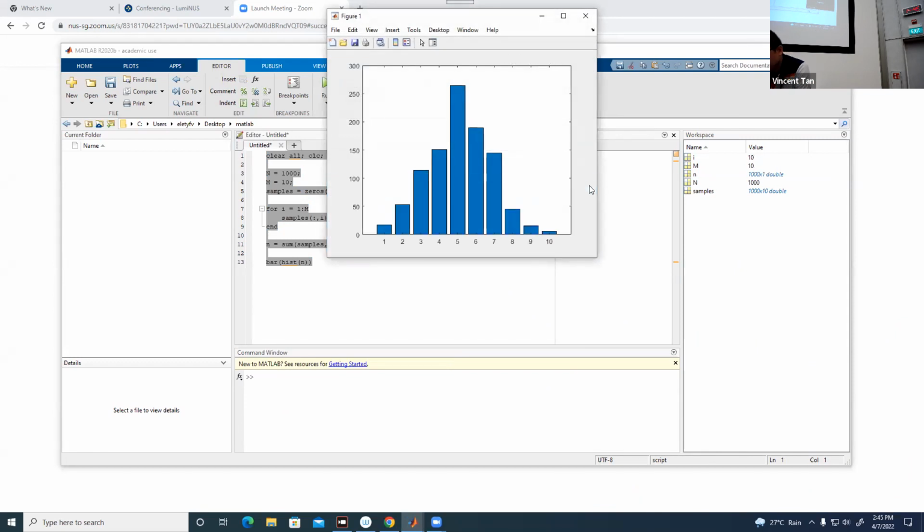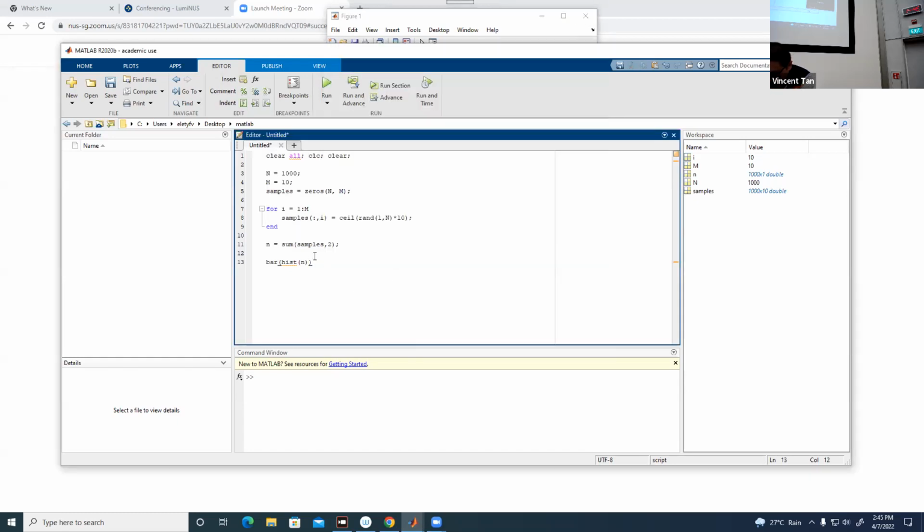So we get this shape here. Now this looks suspiciously like a Gaussian. But let me adjust this a little bit to make this look a little bit better. This should be here.